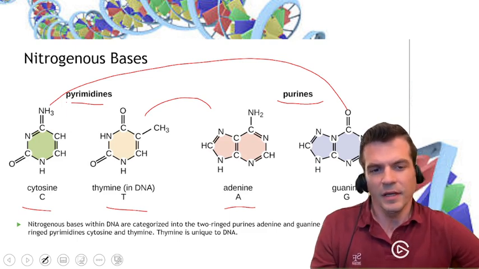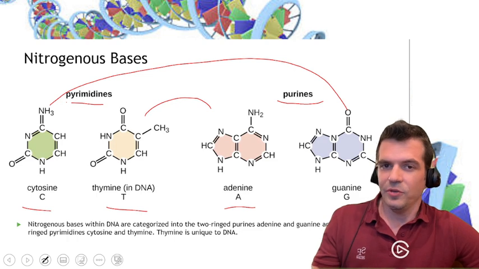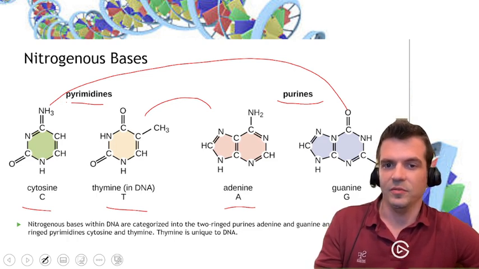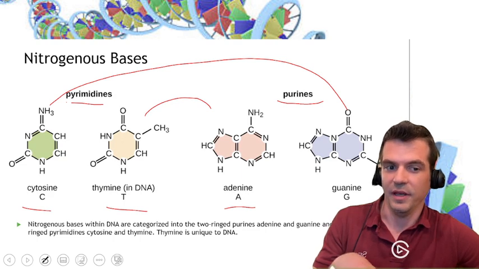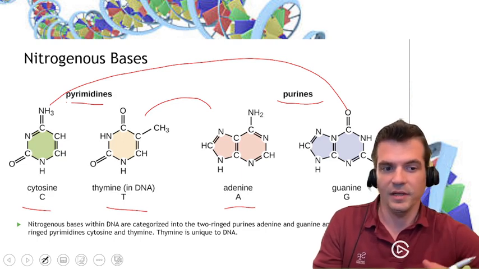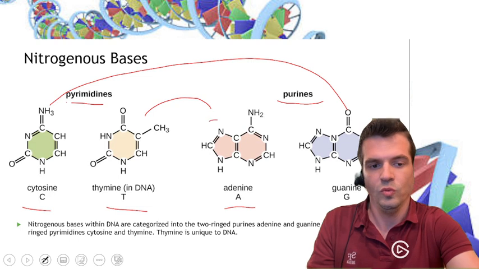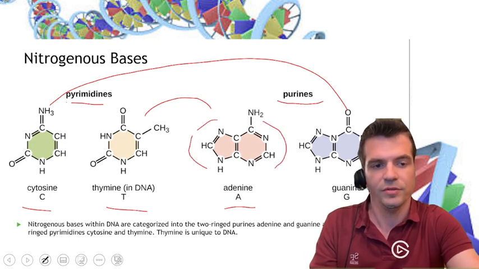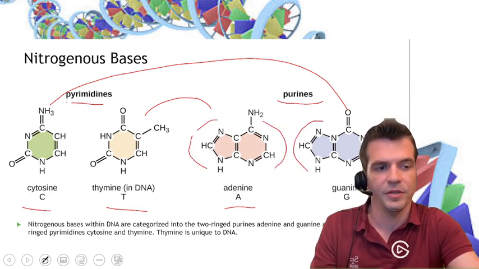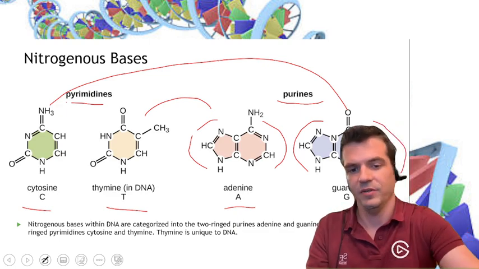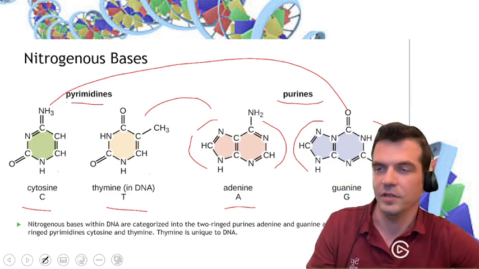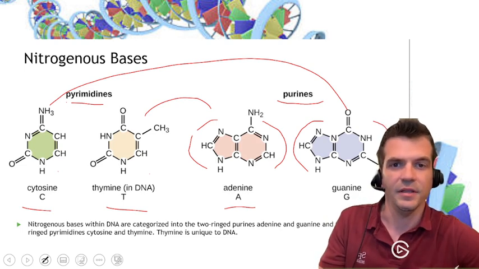But how do you memorize which is which? I like to memorize it as adenine and guanine have 2 structures, compared to 1 structure for cytosine and thymine.